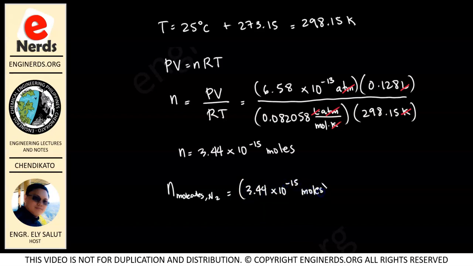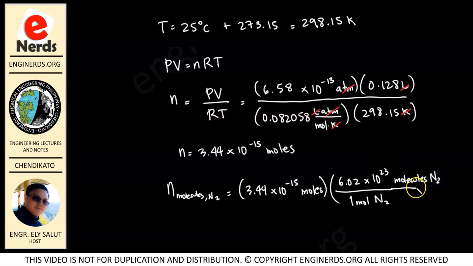Then we are going to multiply this by Avogadro's number. So, for every 1 mole of N2, we have 6.02 times 10 to the 23 molecules of N2.